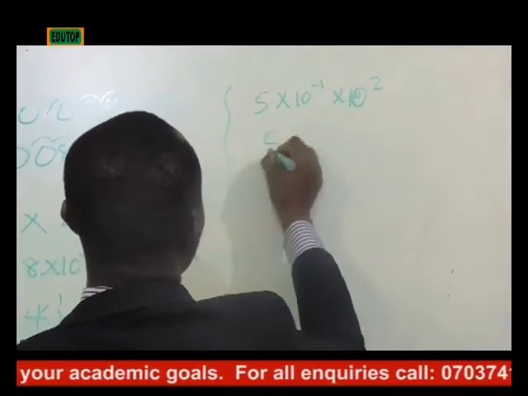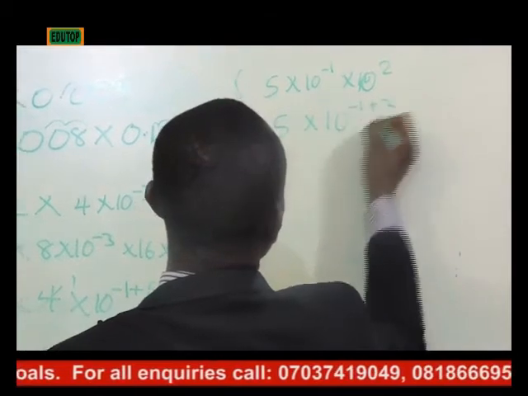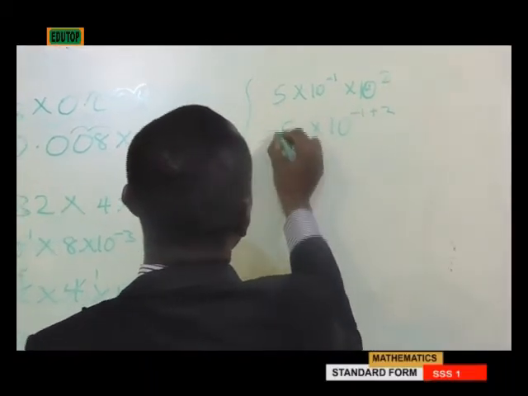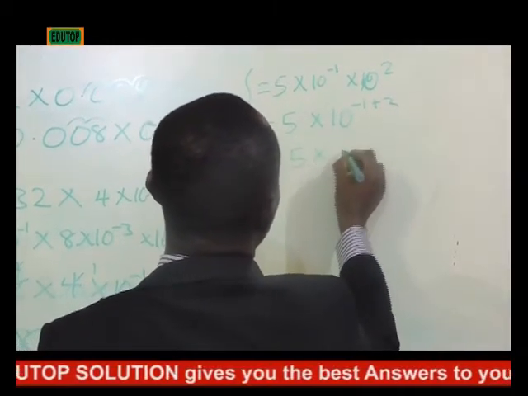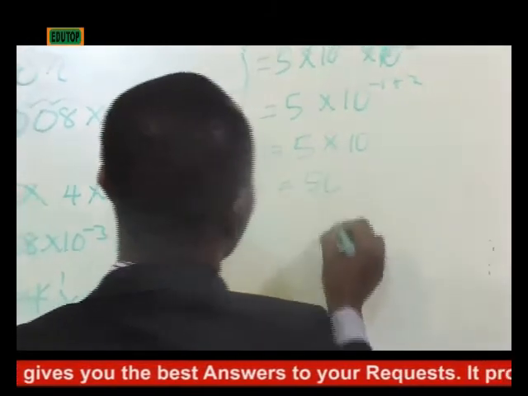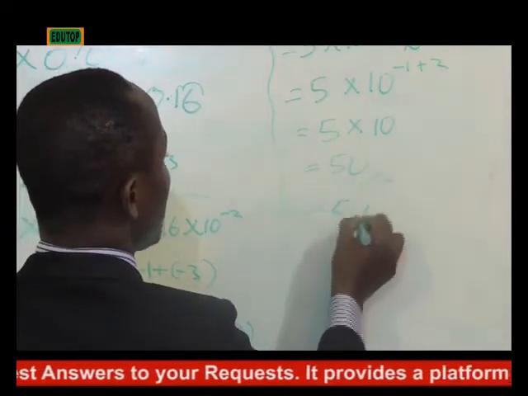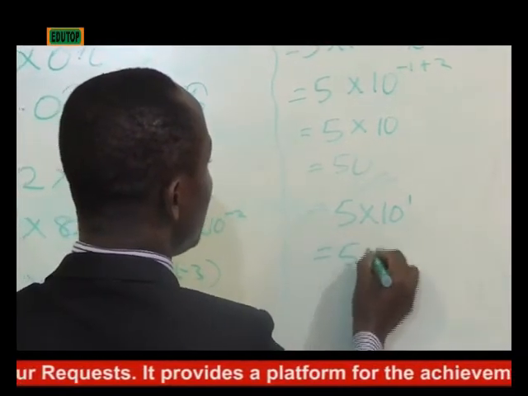That will be 5 times 10 raised to power minus 1 plus 2, which is equal to 5 times 10, which is equal to 50. Or we can also write it as 5 times 10 raised to power 1, which is equal to 5 times 10.